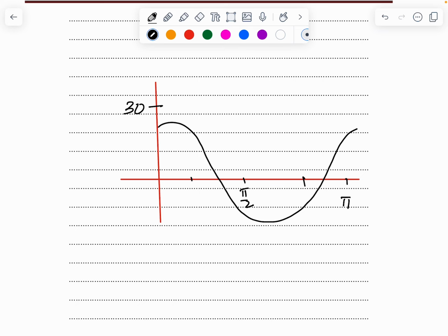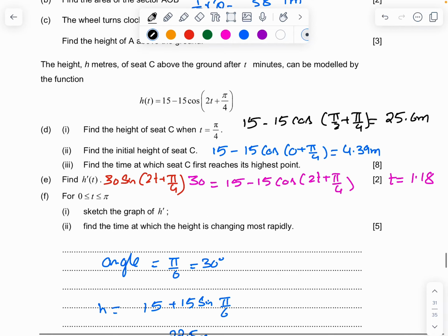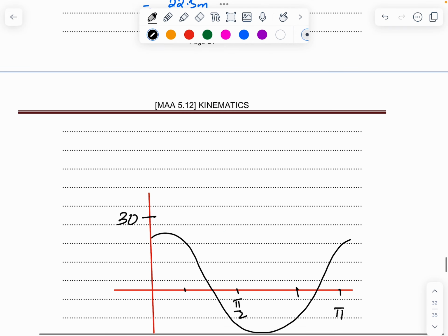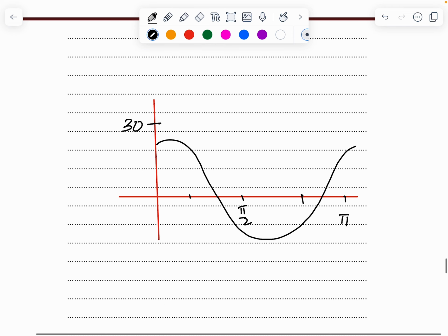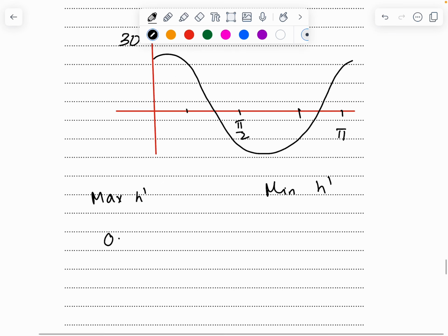Check that, it should be in that way. And part 2, find the time at which the height is changing most rapidly. Height is changing most rapidly at either the maximum point of the h prime or the minimum point of the h prime. Maximum point occurs at 0.393, minimum point occurs at 1.96.